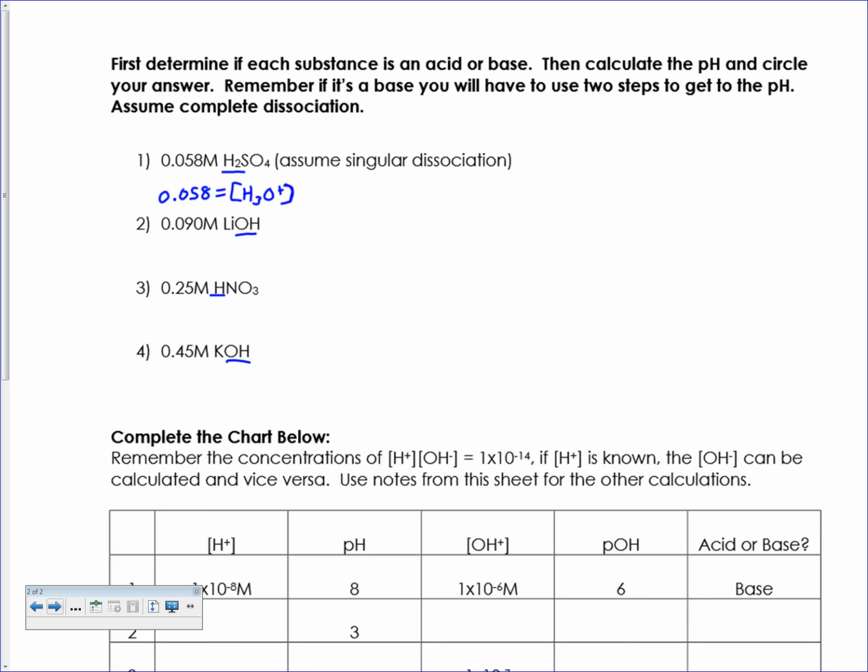And because we have an acid here and it tells us the concentration of the acid and we're going to assume it's a strong acid, we end up with 0.058 for the concentration of H3O plus as well. And then we just know pH equals the negative log of the concentration of H. So negative log of 0.058. Plug that in and you get 1.24. Just 1.24 as your pH.